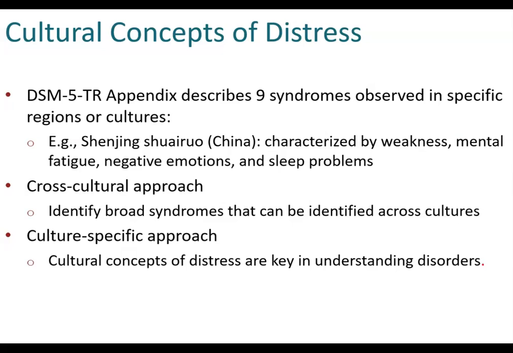In some branches of psychology, they like to use a cross-cultural approach, identifying broad symptoms or syndromes that can be identified across the cultures. And the culture-specific approach identifies cultural concepts of distress that are key in understanding certain disorders.